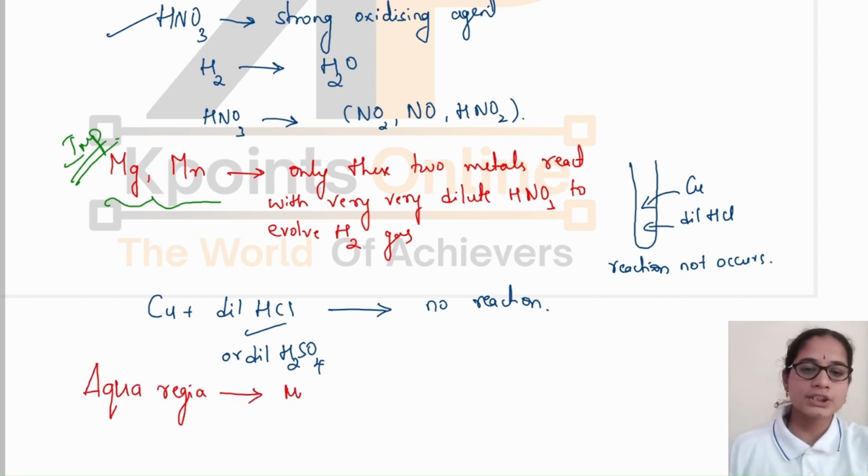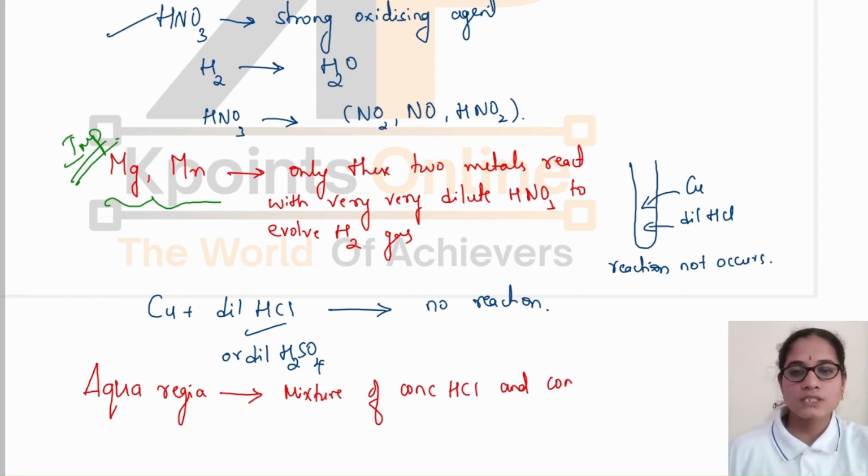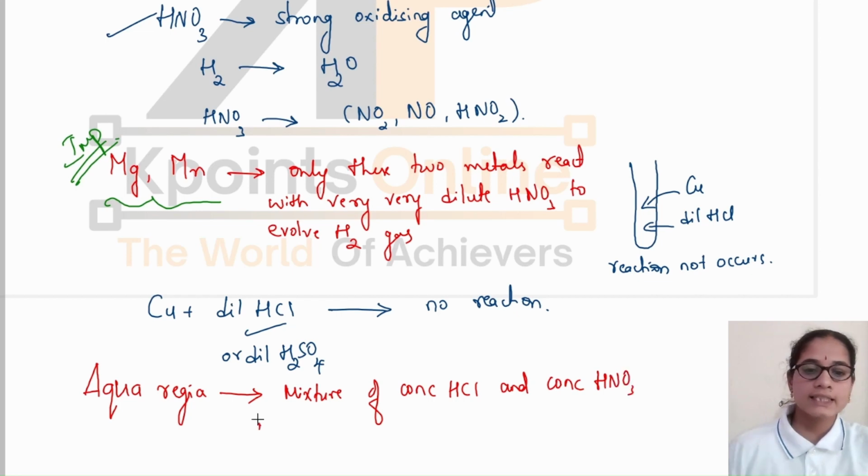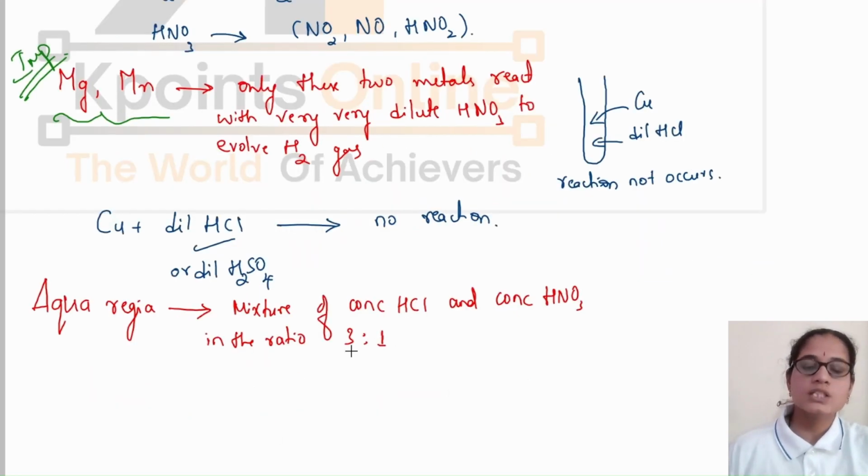It is a mixture of concentrated hydrochloric acid and concentrated nitric acid in the ratio of 3:1. If you want to dissolve metals like copper, gold, platinum, prepare the fresh mixture of concentrated HCl and concentrated HNO3 in the ratio of 3:1.